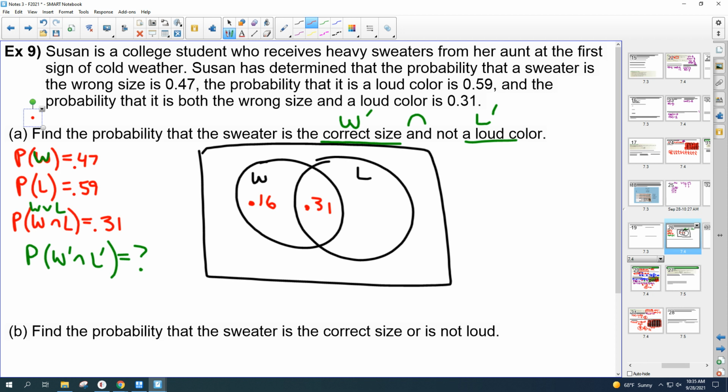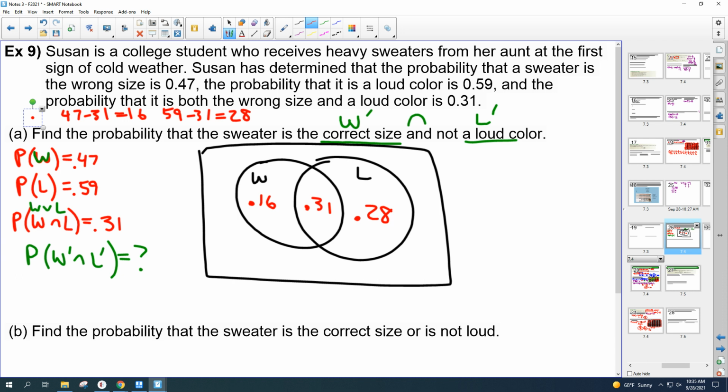Likewise, you're going to use the subtraction. 0.59 minus 0.31 is what? 0.28? 0.28 must go here. Okay, again, I did 0.47 minus 0.31 was 0.16. I did 0.59 minus 0.31 was 0.28. Now, I've got four regions, but only three labeled. But what's going to help me in this problem is I know that all four of them add up to 1 because we're talking about probability this time.